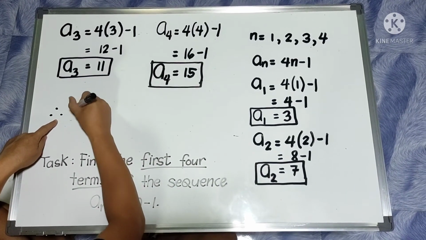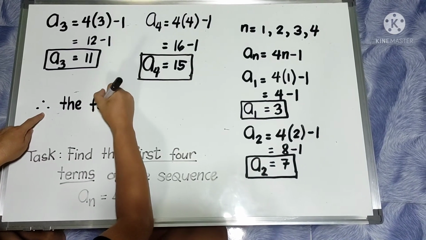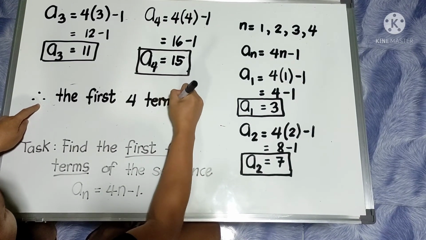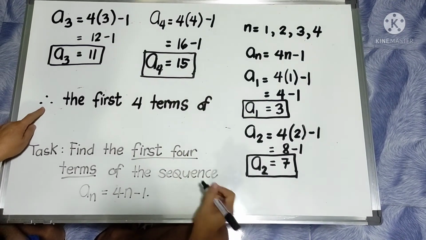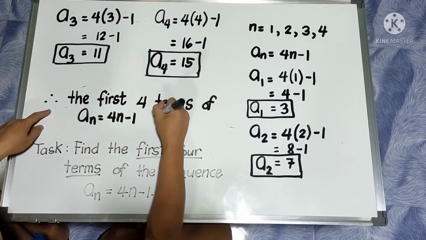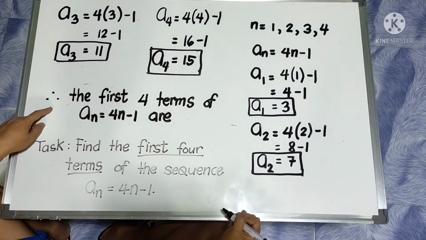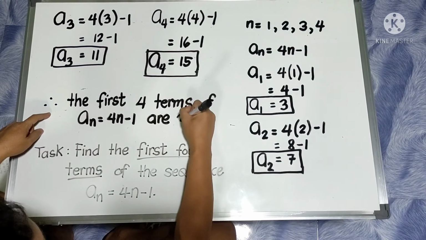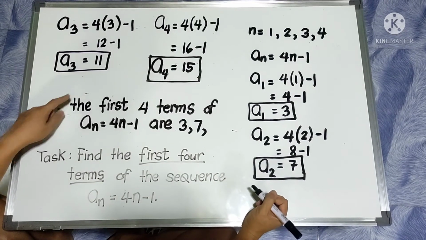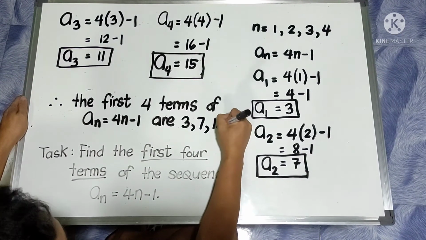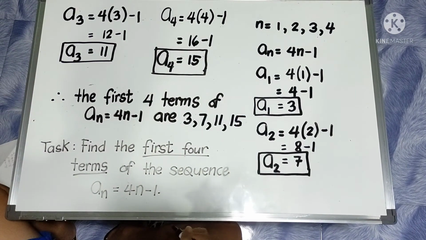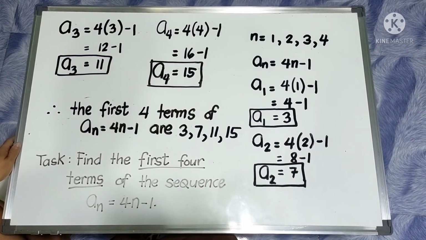Therefore, the first 4 terms of the sequence a sub n is equal to 4n minus 1 are, okay, you start with a sub 1, so 3, comma, 7, comma, you have 11, comma, and then 15. So, we're done with our first task.